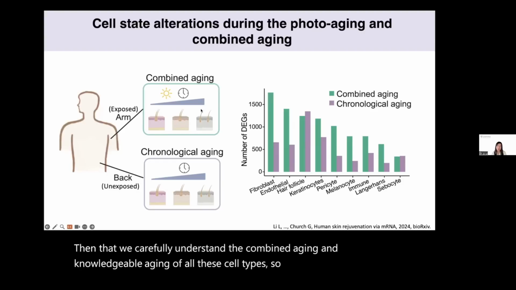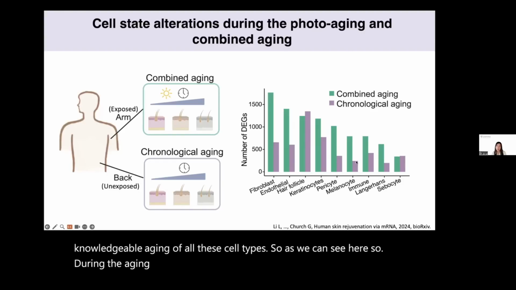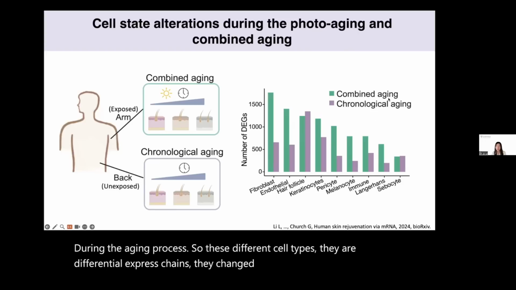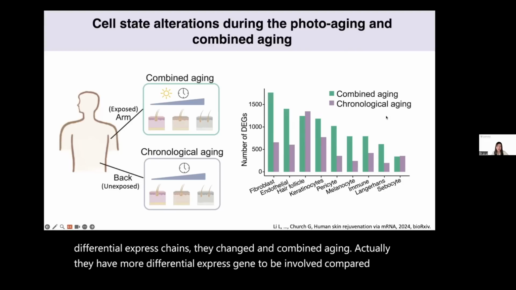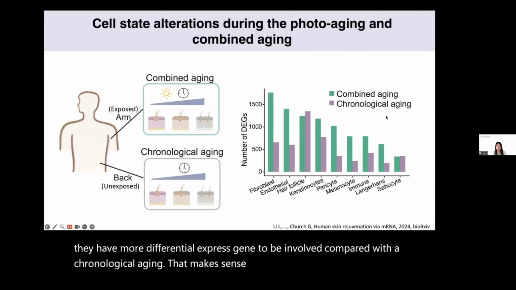As we can see here, during the aging process, the differential expressed genes of these different cell types change, and combined aging actually has more differential expressed genes involved compared with chronological aging. That makes sense because combined aging includes the photoaging part.